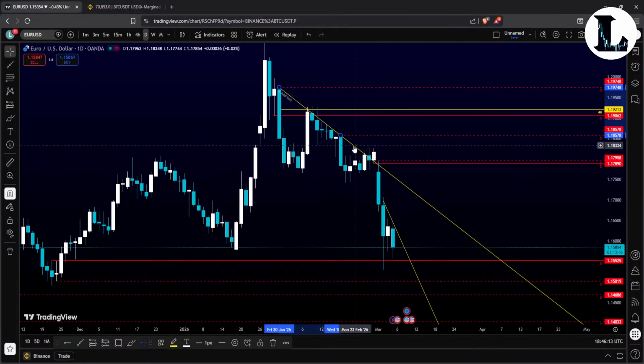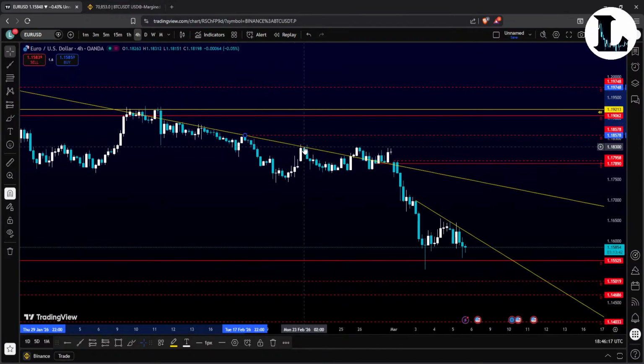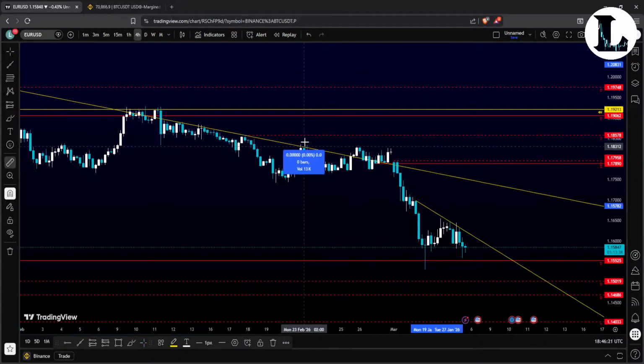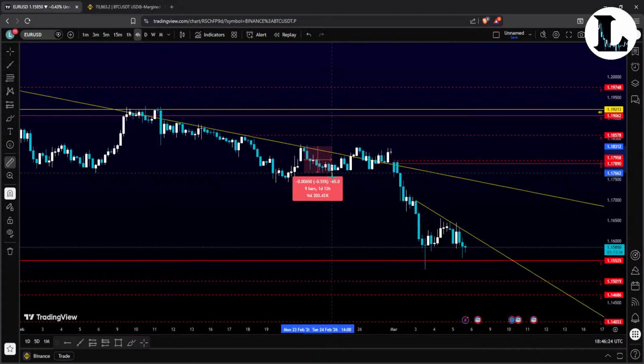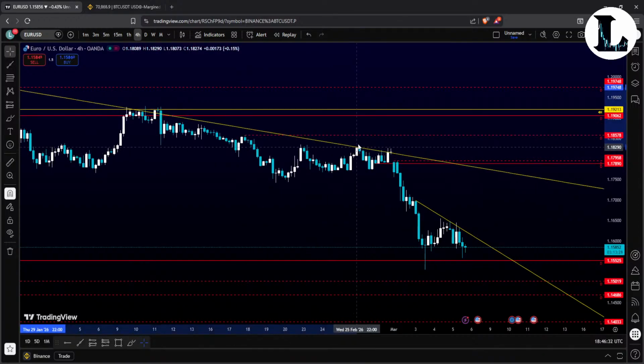And probably this test here on a 4 was a good one for a short, okay? But after that, you just need to adapt the trend. 0.5 is not that good, okay? The price still breaks up here, and you just need to adapt the trend.